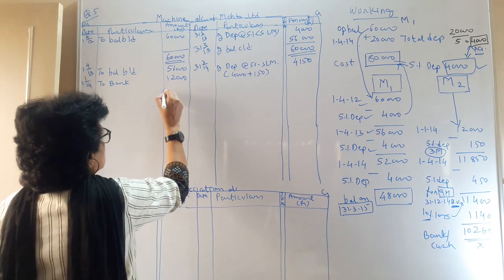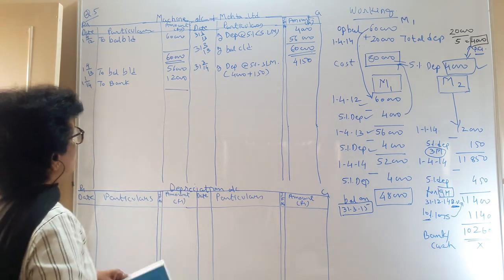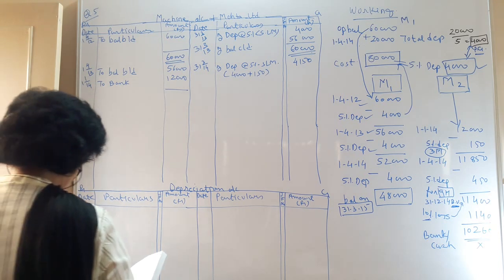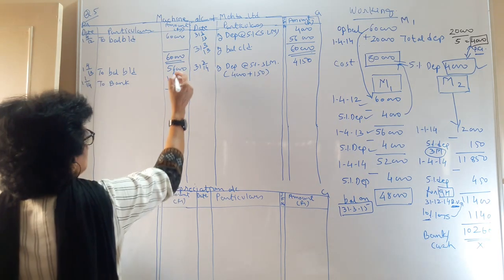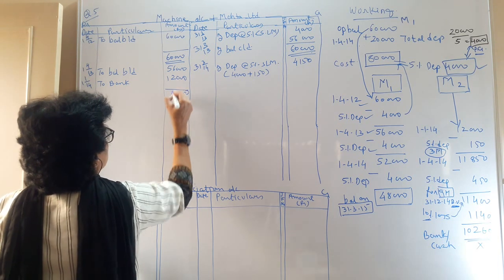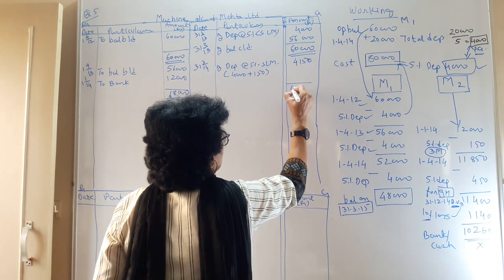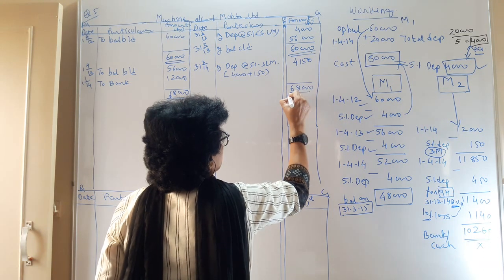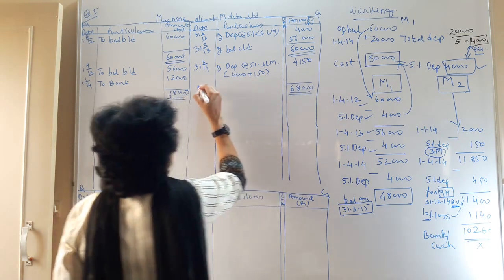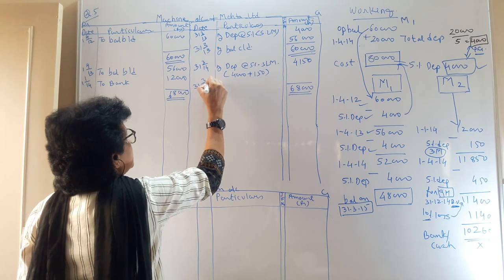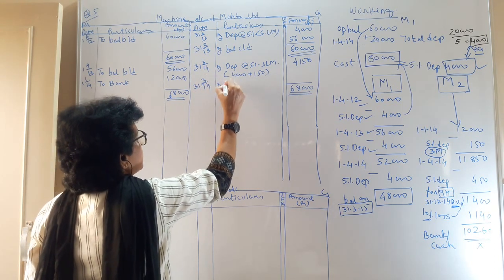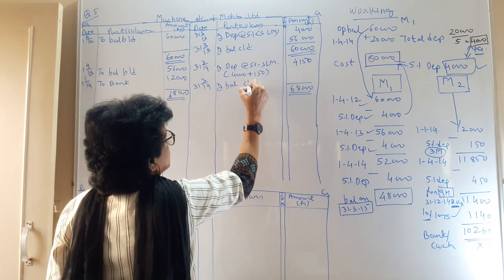Okay. Now we can close the account. So we are going to get the figure, that is 68,000. Right here 68,000. Find the difference. 31st March 14, by balance carried down.